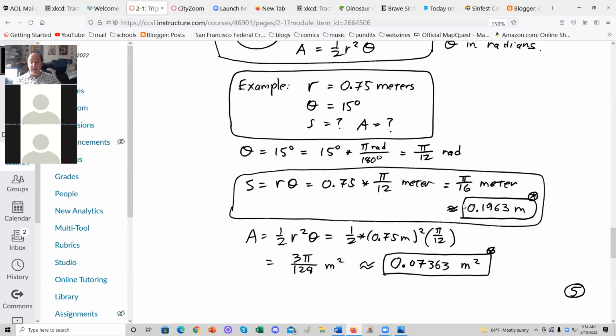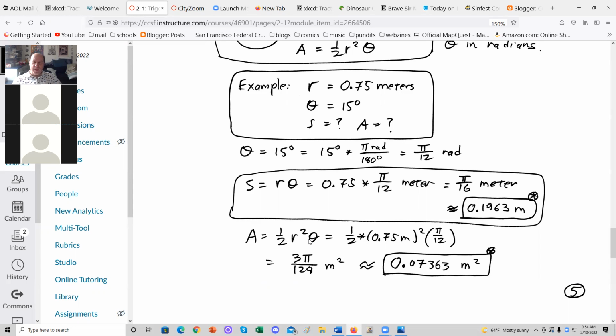So having gotten that, now we can use the formulas. S is r theta, therefore 0.75 times pi over 12 meters. And so that's pi 16th meter, or 0.1963 meters to 1 part in 10,000.